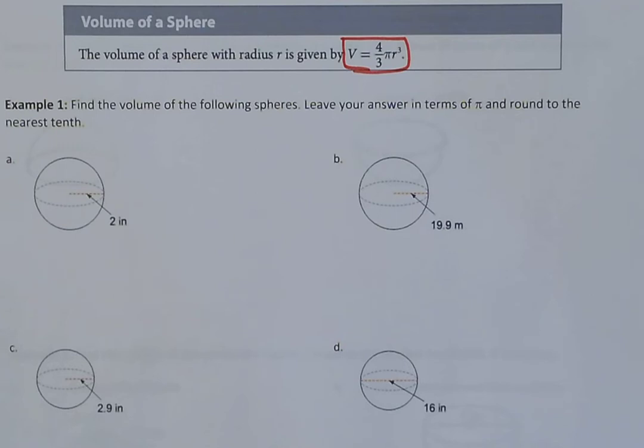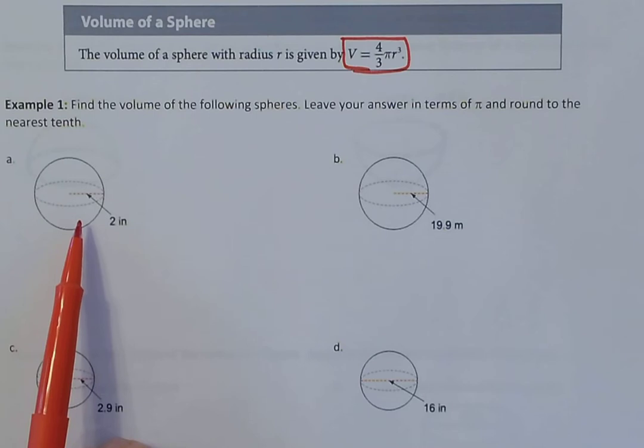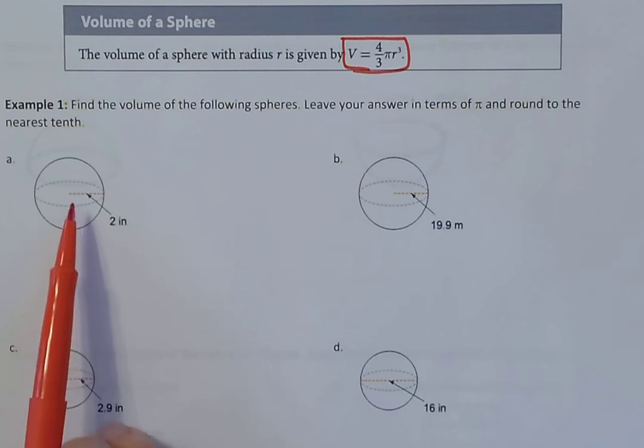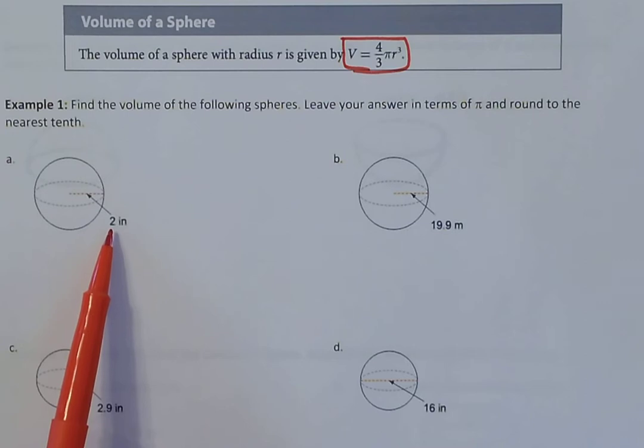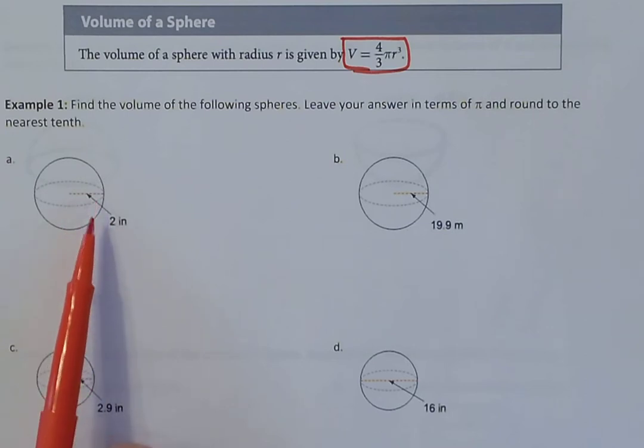So, for example 1, part A, they give us our sphere right here, and because this dotted line only goes halfway across, going from the center to the edge, that tells us that our radius is 2. If your line only goes halfway across, they're telling you the radius.